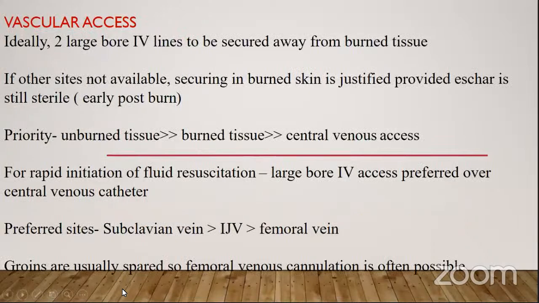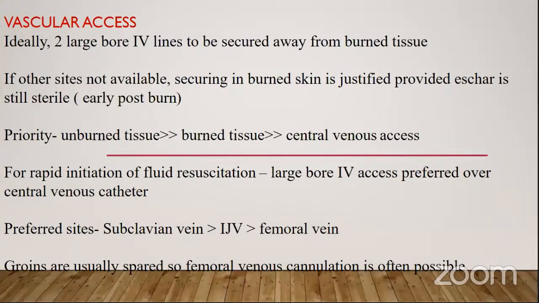In terms of the circulation, in major burns, ideally two large bore IV lines should be secured, usually away from burn tissue. If there's no clear site or most of the sites are involved, then the burn area can be used, provided the site is still sterile.